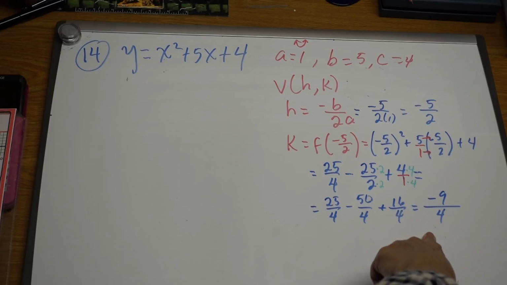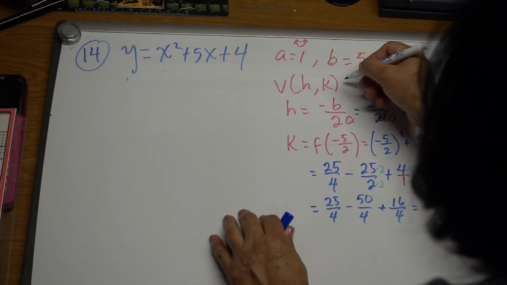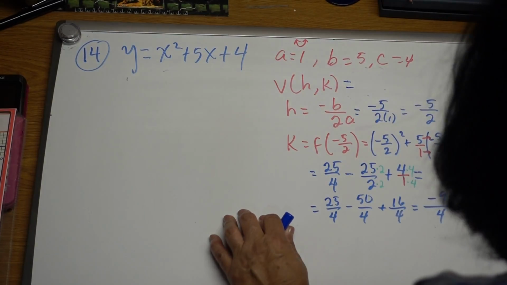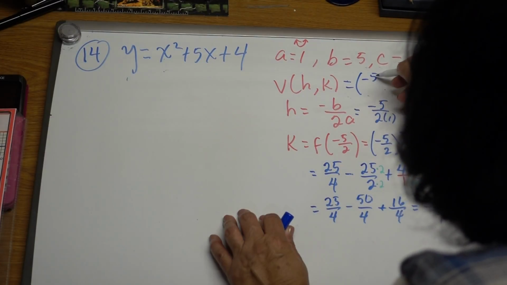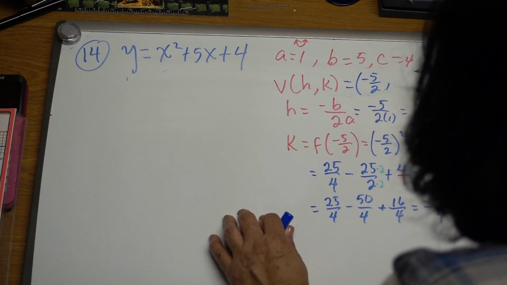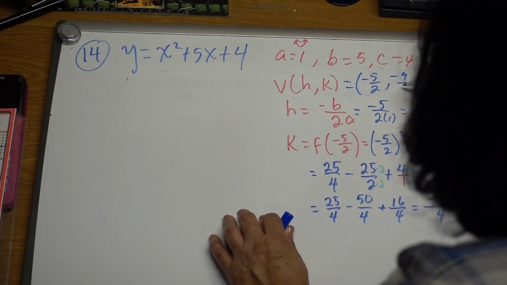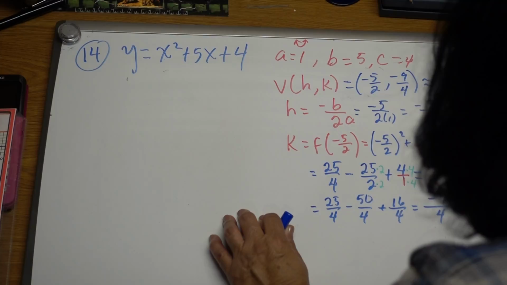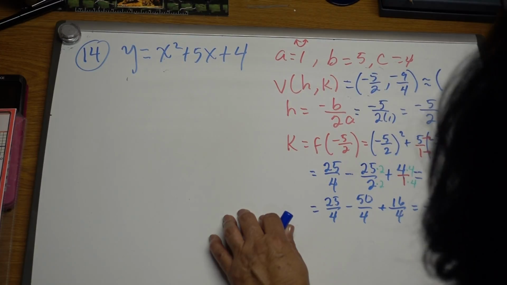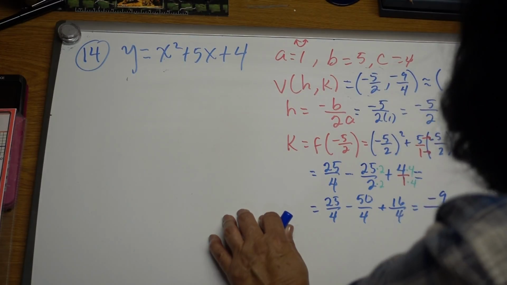This is telling us the vertex that we have to graph is negative 5 halves, negative 9 fourths. Since we have to graph, just for a little while, we're going to think about the decimals, and it's going to be easier for us to graph.